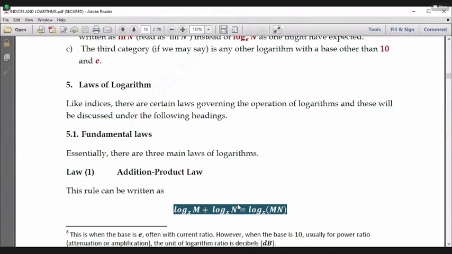And what is 3 times 2? 6. Now, what is log of 6? 0.7782. Is that true? Yes, 0.7782. So they give the same value.